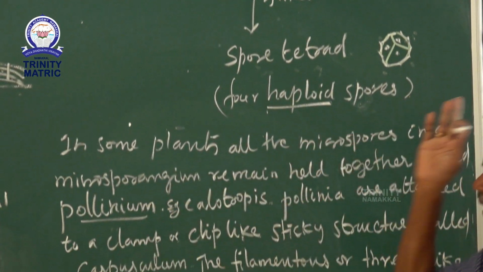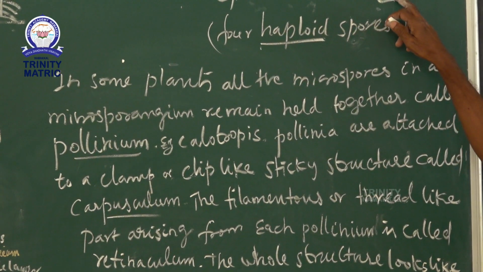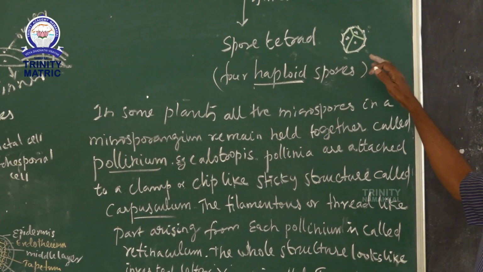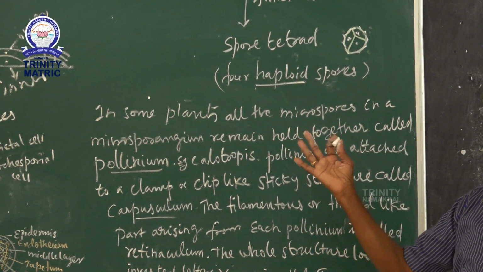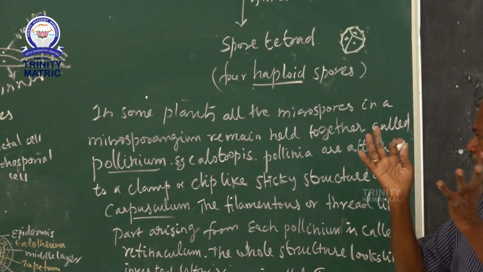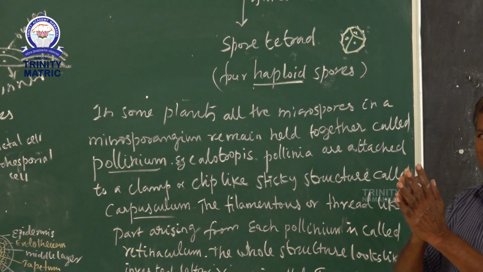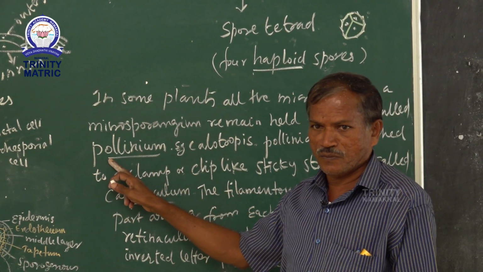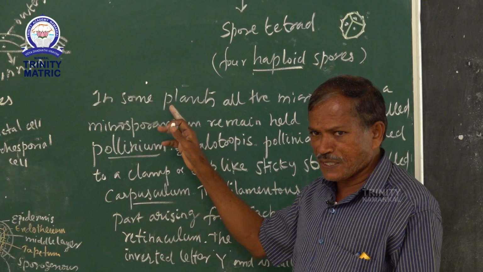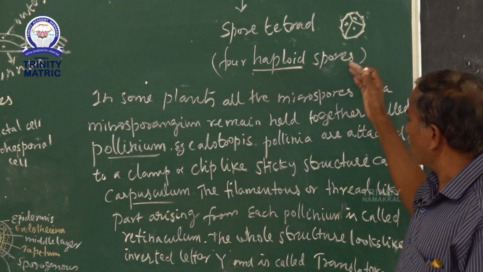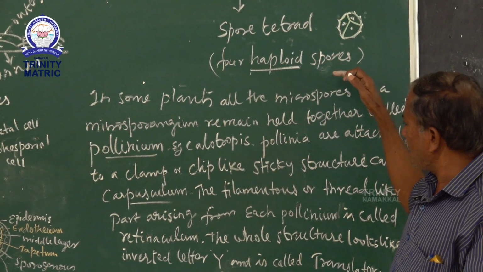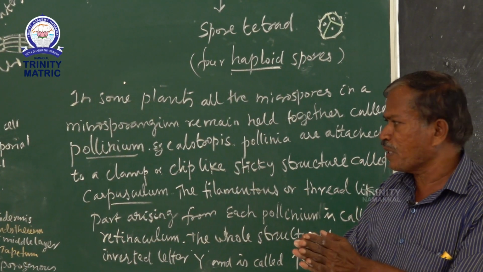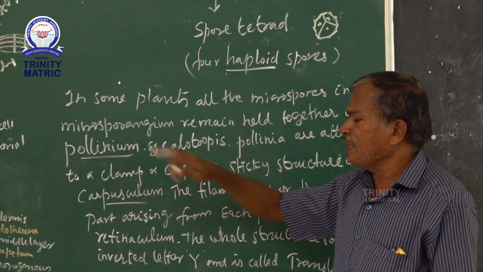The microspore tetrads are usually separated, but in some plants all the microspores in the microsporangium remain held together to form a single structure called a pollinium.